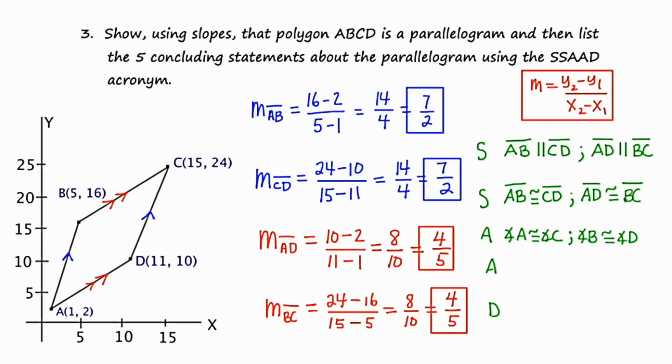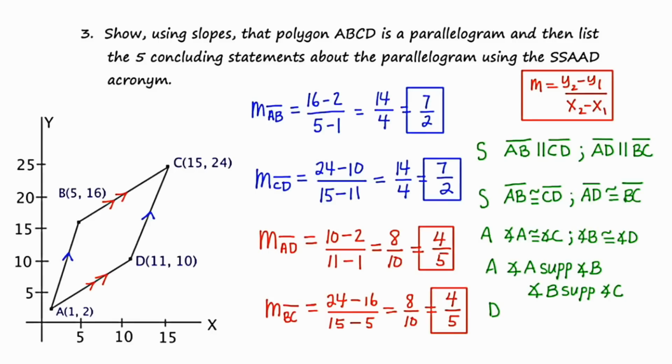So I'm just going to identify two pairs. I'll say that angle A is supplementary to angle B, and that angle B is supplementary to angle C. Now I want to stress that there are other pairs of supplementary angles that I could have mentioned, but I think we get the point.